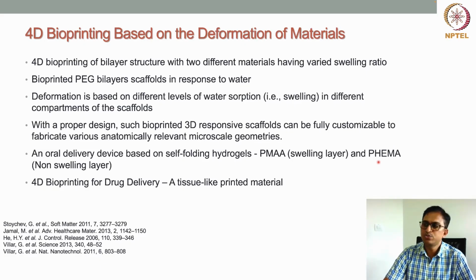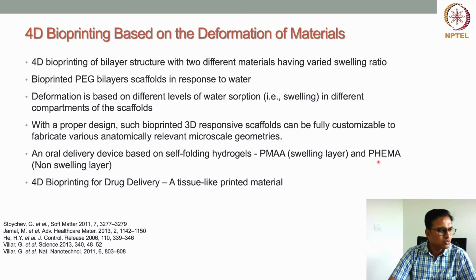Here we can use certain types of biomaterials, responsive biomaterials or smart biomaterials. That means they are responsive towards certain stimuli like water, as we have earlier discussed, pH, temperature or magnetic field. So different types of things can be there.